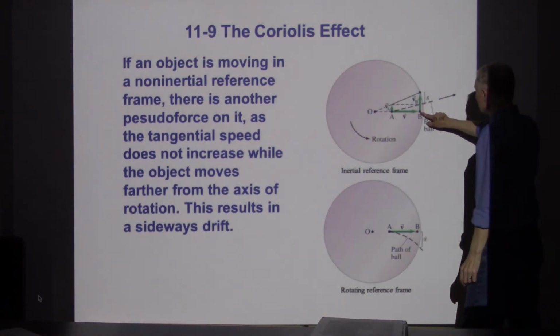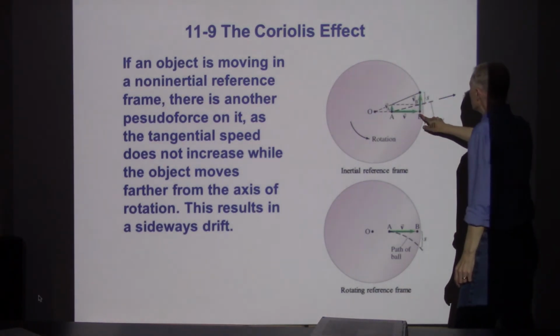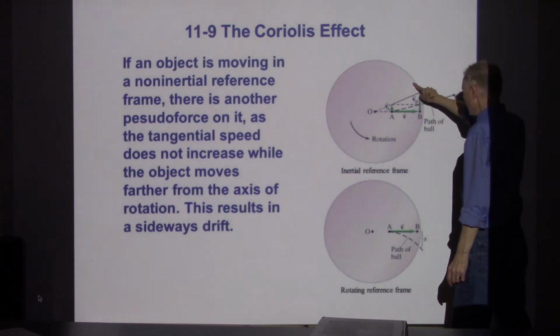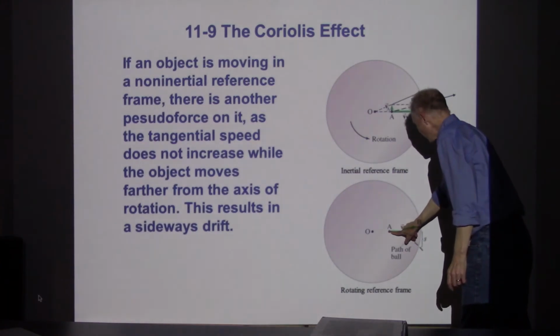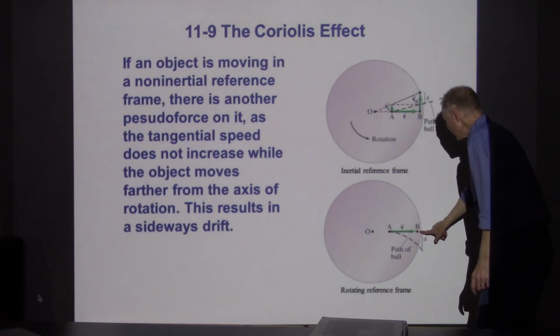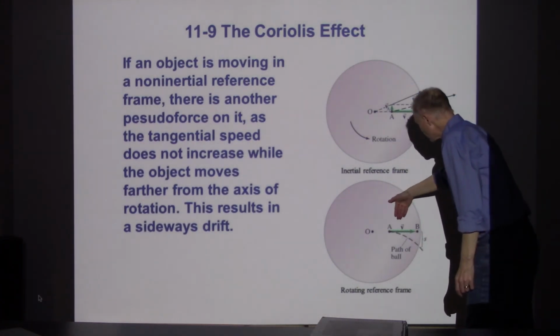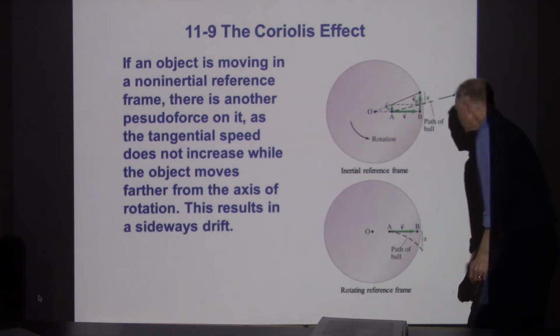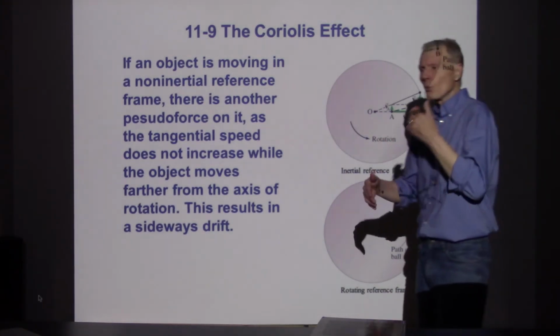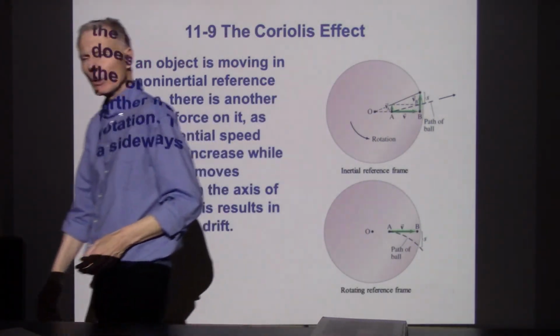This faster point B is going to move beyond where the ball is located. And so instead of the ball appearing to follow that path from A to B on the platform, from observers on the platform, the ball in their coordinate system is moving away from what they're calling straight line motion.